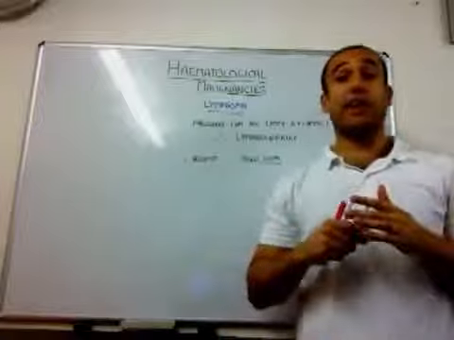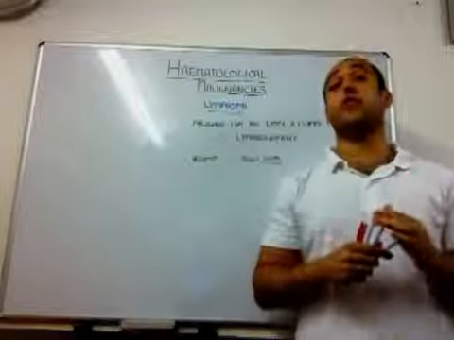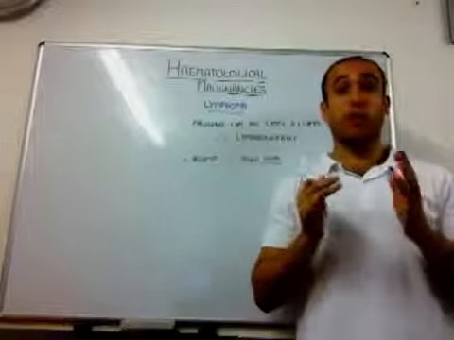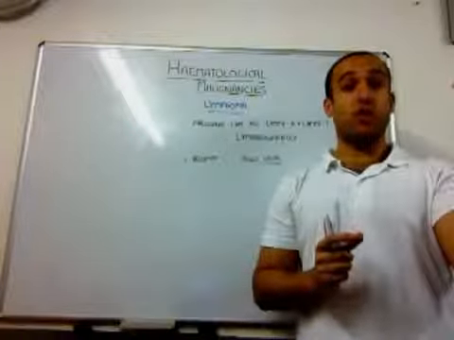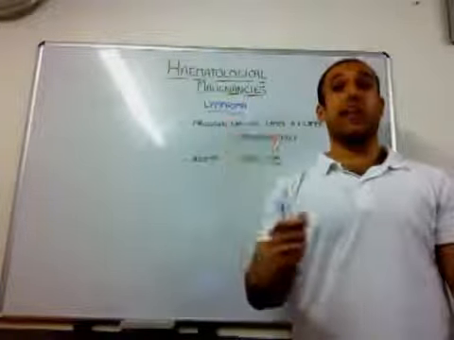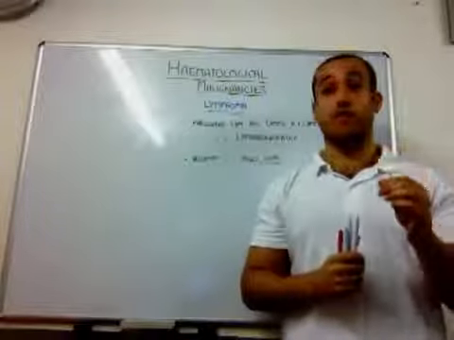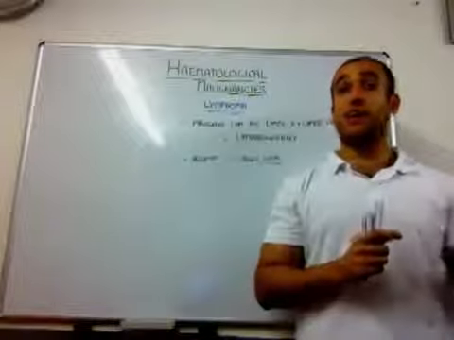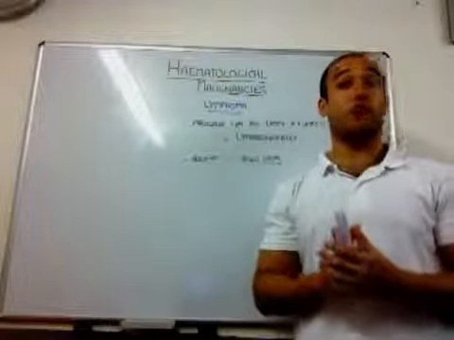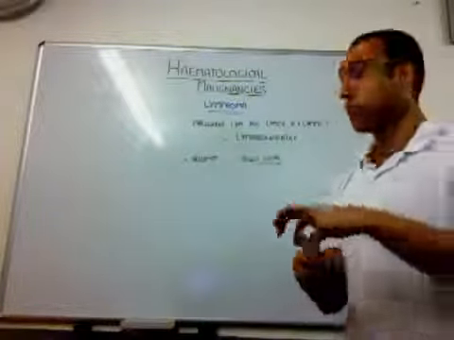Now, when we classify the lymphoma, especially the non-Hodgkin's lymphoma, there's a specific way we can do this. We can say something is a low-grade tumor or a high-grade tumor, and this depends on the proliferation rate. If it's high, it's going to be a high-grade tumor. If it's low, it's going to be a low-grade tumor.